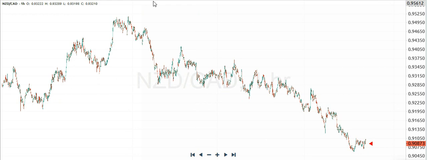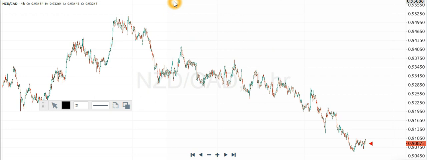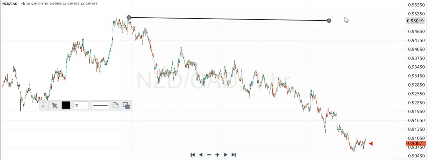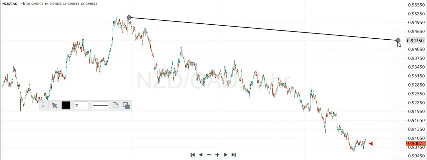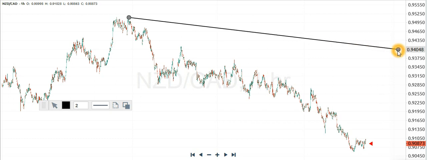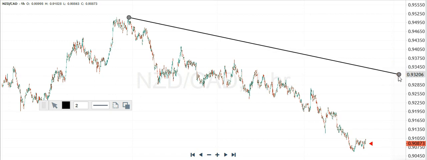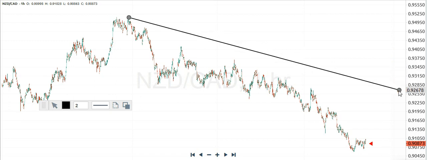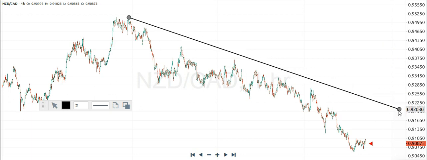What I want to do now is start at the highest point, keeping in mind the lowest point, and I'm going to draw my trend line starting at the highest point. I'm going to draw it straight across, and then I'm going to slowly carry it down, right, until it touches the first candle.